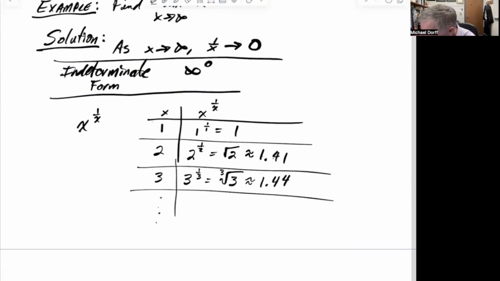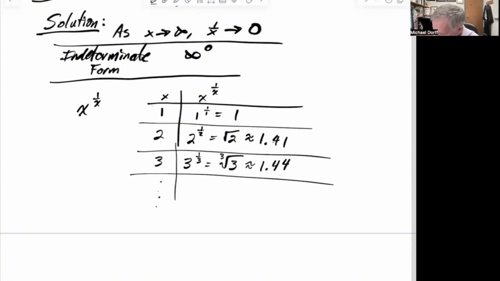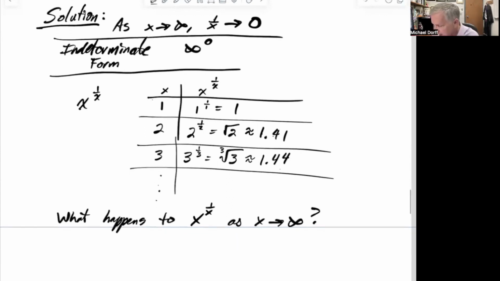We could keep doing this. What's going to happen to this result here? What happens to x to the 1 over x power as x approaches infinity? That's the question here. You might think that, well, it's going to go to 1, because you have the 0 power, and anything to the 0 power you've been taught is 1.